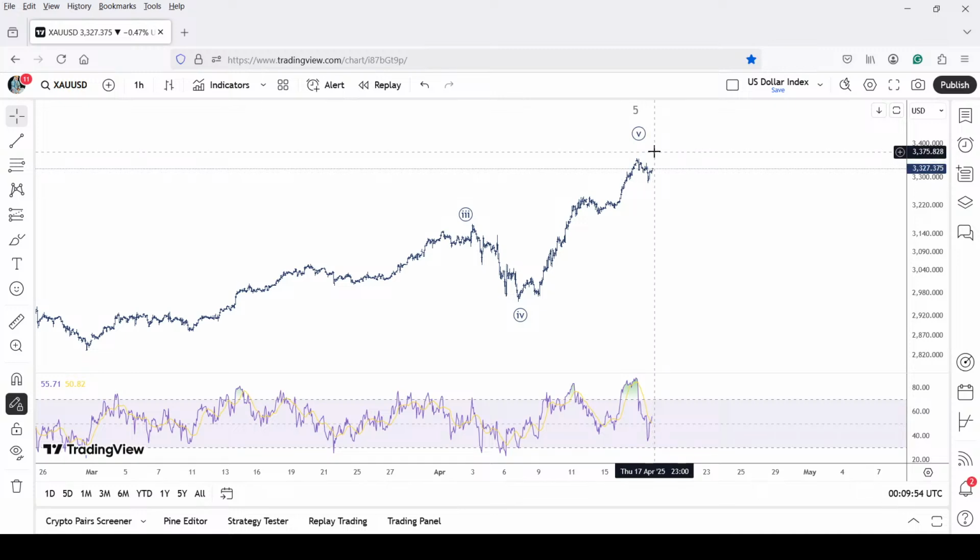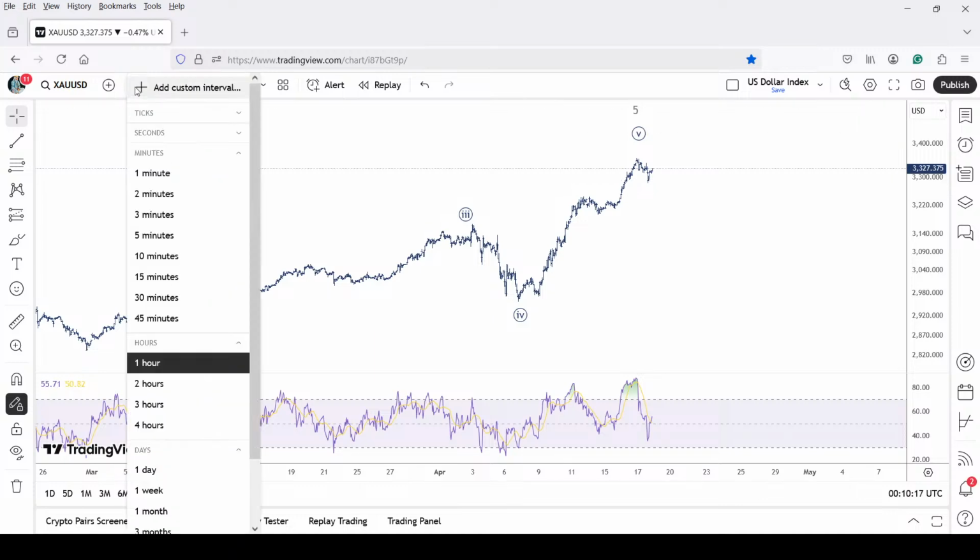Now if one more high is in place, or is going to be in place in the next few hours, or maybe during the day, then this RSI could produce a bearish divergence, and that would be a very good sign or an indication of a potential top in place, and then bears coming back in the picture strongly. So we've got to be waiting for that to happen.